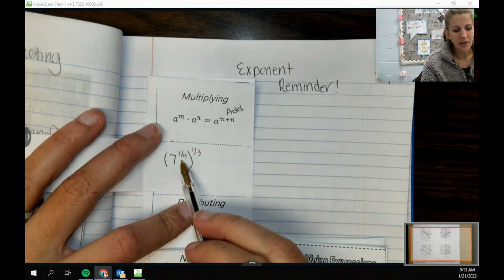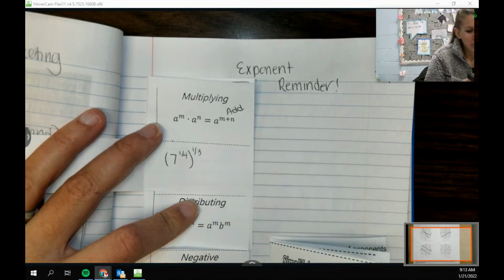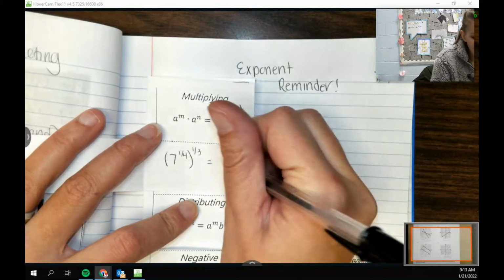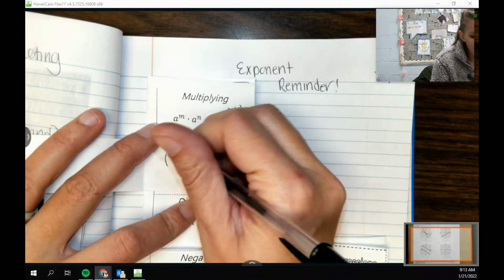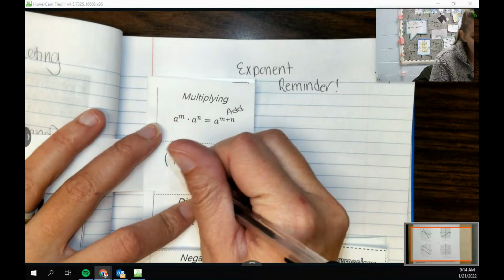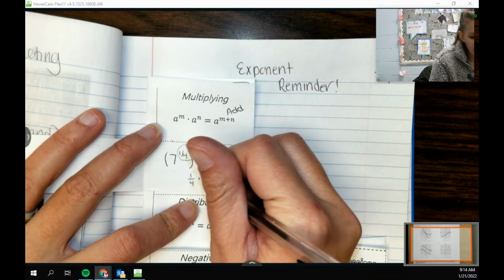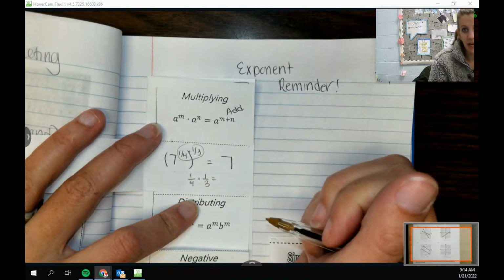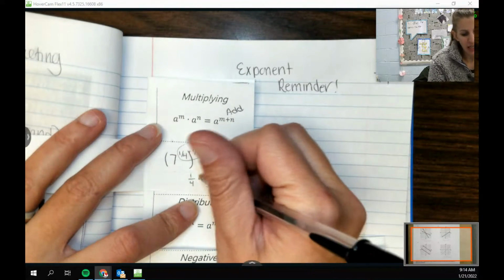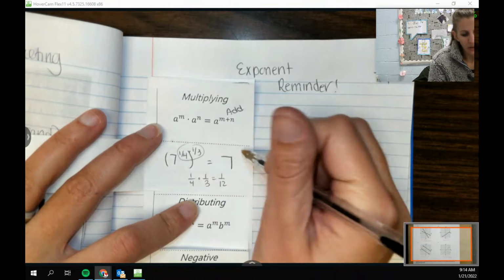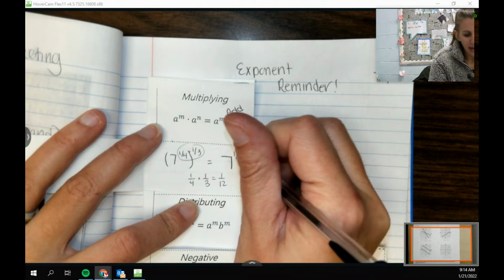So we have a number to a power, we're going to multiply. So your 7 stays the same, but we're multiplying these exponents here. And actually, multiplying exponents is not so bad because we don't have to have a common denominator. We just multiply straight. So 1/12 would be my final answer there.